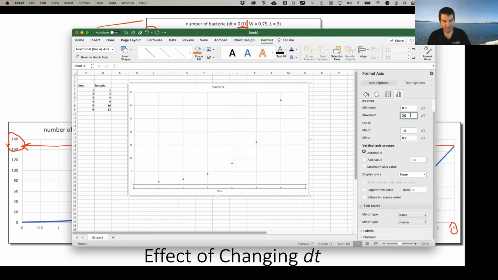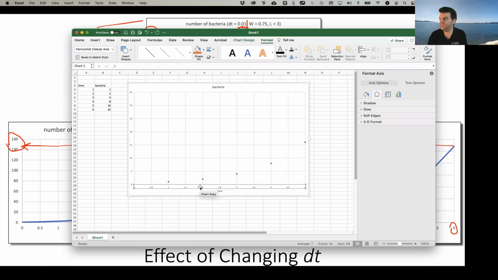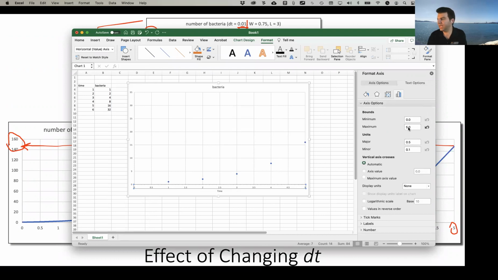So maybe I want this to only go to 5 and so on. So the idea here, you click on whatever chart element you want, and once it highlights, you can look for these chart options, and then you can adjust these things like where you want the lines to be drawn, how far, etc.